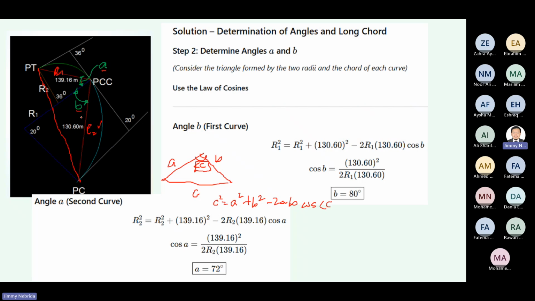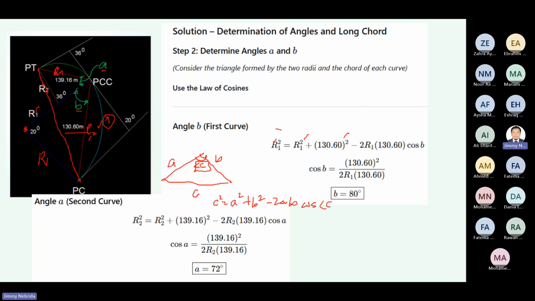So, for example, let's consider first radius 1. Where's radius 1? This one. If this is radius 1, this is also radius 1, right? Because this is the center of the first curve. This one is radius 2. So for R1, we have R1 squared and 130.6 squared.